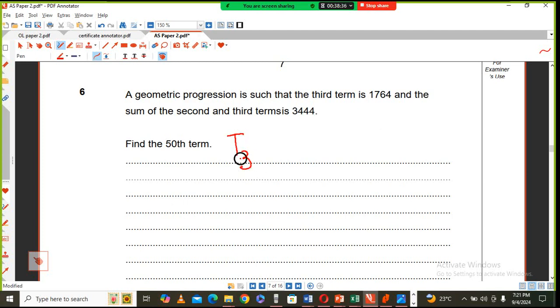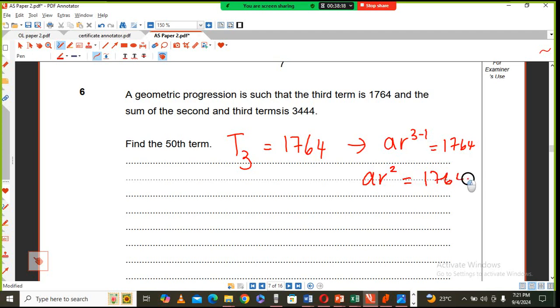So we know that this is a GP, and we know that the third term is equal to that. I'm just simplifying this a little bit. So this could be our first formula. Then we also know the sum of the second and third terms, term 2 plus term 3, is equal to 3,444.